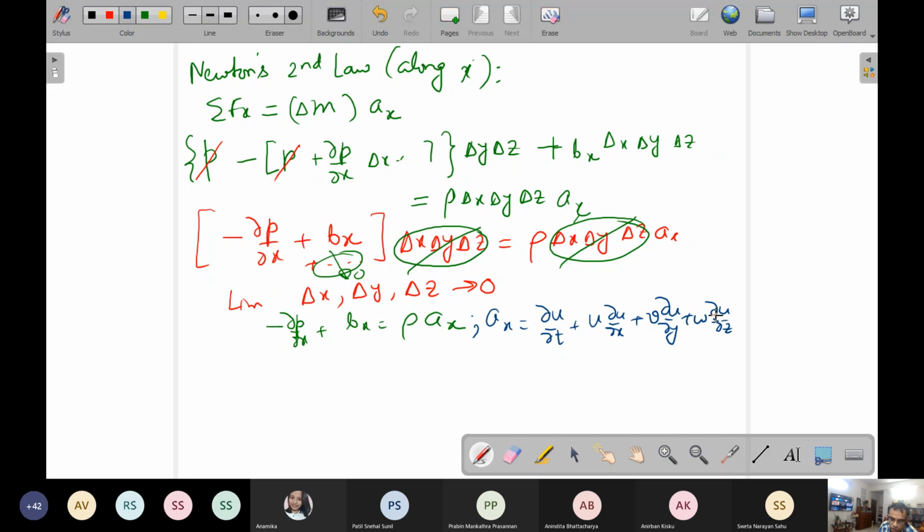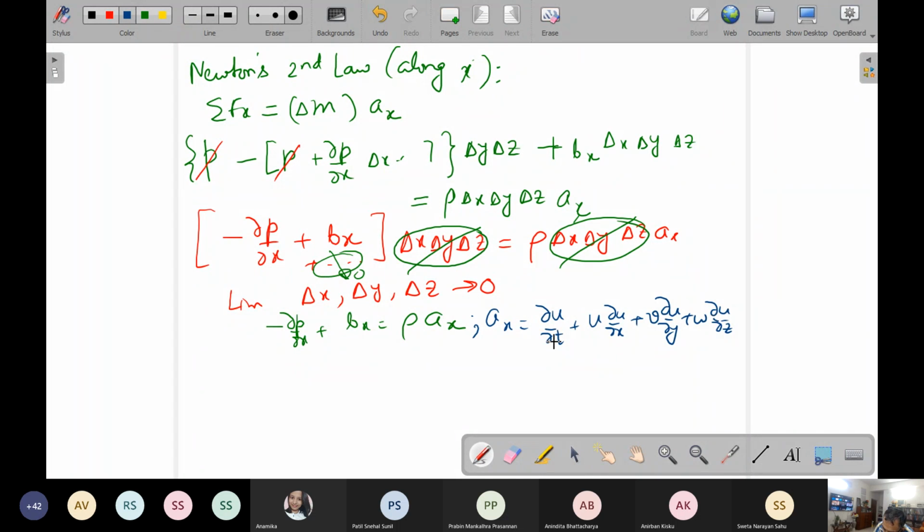So we have been able to write a Newton's second law expression in terms of Eulerian mathematics. This is, I think, one of the very important considerations: inherently a Lagrangian description law is expressed in terms of Eulerian coordinates.